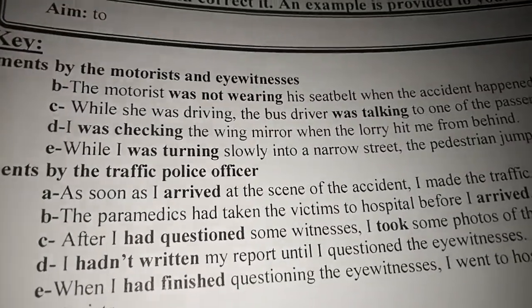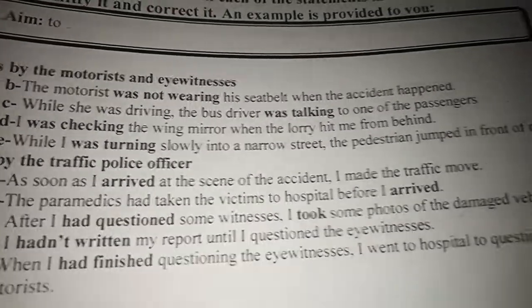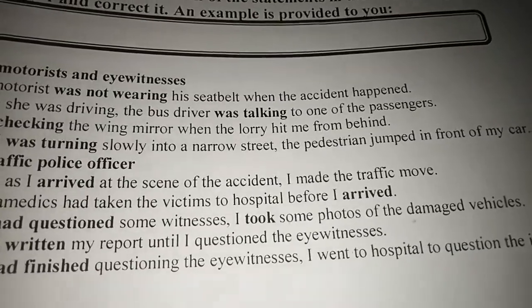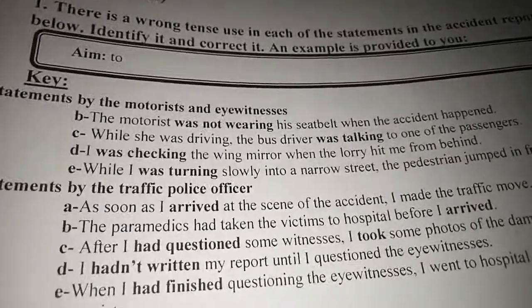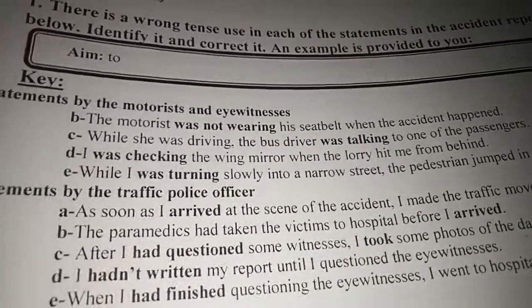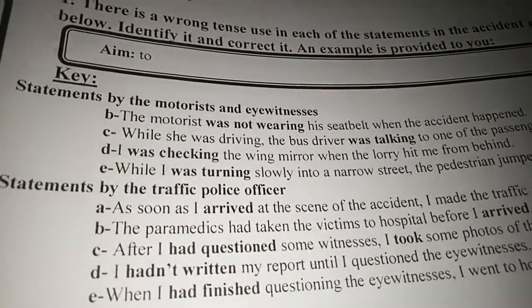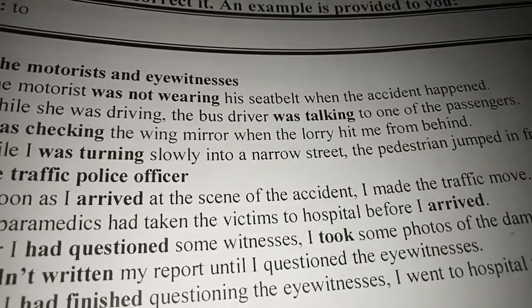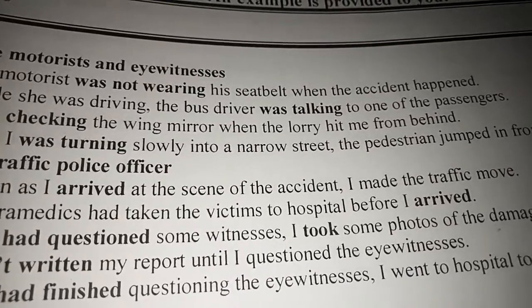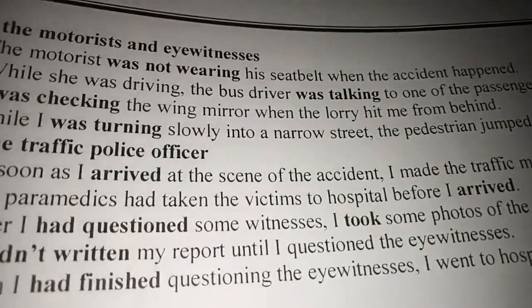Okay, D. I was checking the wing mirror when the lorry hit me from behind. I was checking, before when, I use past continuous. After when, the lorry hit me from behind. Okay?